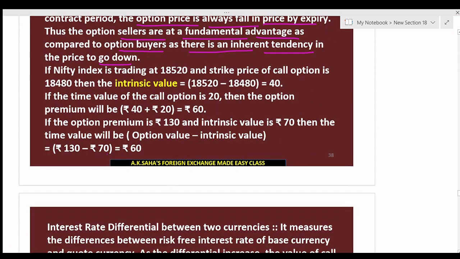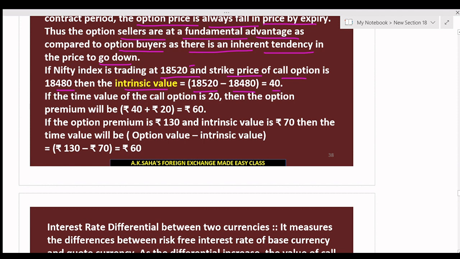If the Nifty index is trading at ₹18,520 and the strike price of the call option is 18,480, it is in the money, ITM, because the spot price is higher than the strike price. So the intrinsic value will be 18,520 minus 18,480, which is equal to 40.